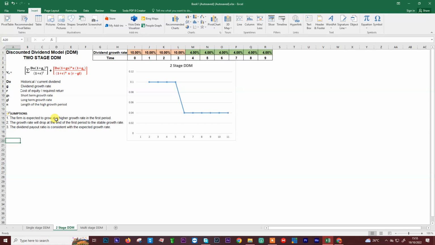Sea Island Recreation currently pays a dividend of 1. The analyst forecasts growth of 10% for the next 3 years, followed by 4% growth rate in perpetuity thereafter. The required return is 12%. Calculate the current value per share.